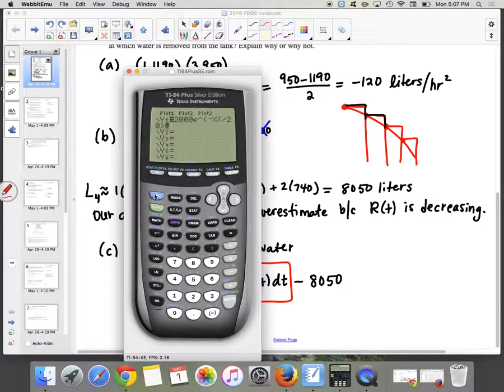You can put that in, and that way if we need to find any intersection points, it's already in for y1. But in this case, we're doing the integral, so I'm going to do math 9. Yours might show up as an actual integral. And then I'm going to do vars, y vars, function y1, and I'm going to go from 0 to 8.